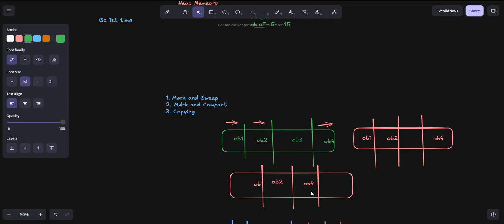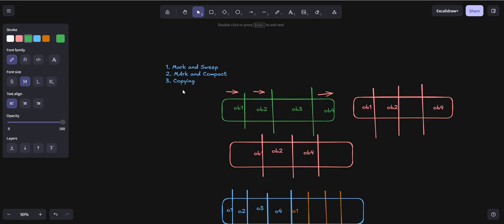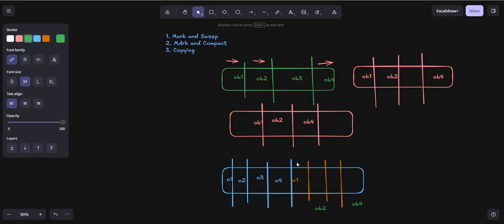The next algorithm is the copying algorithm. The copying algorithm divides the memory into two parts. If you see, the blue part is one part and the orange part is the second part. It directly copies the objects which survived from one region to the other region.